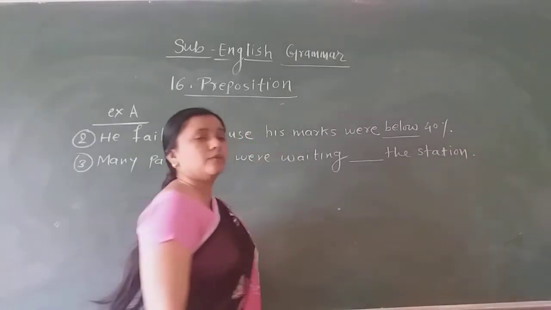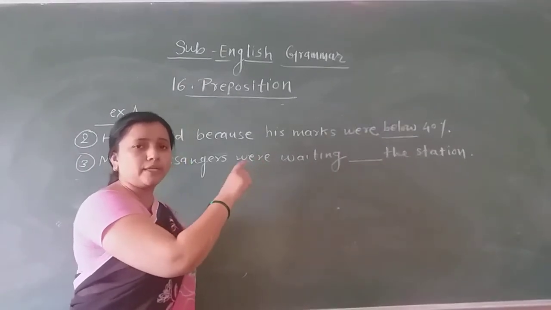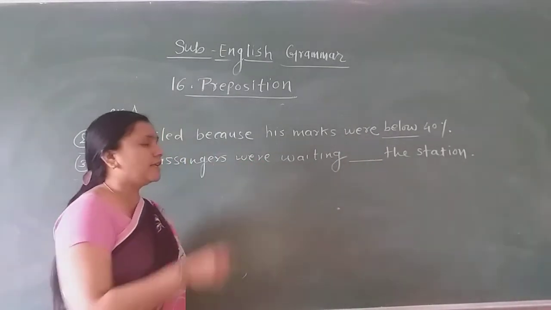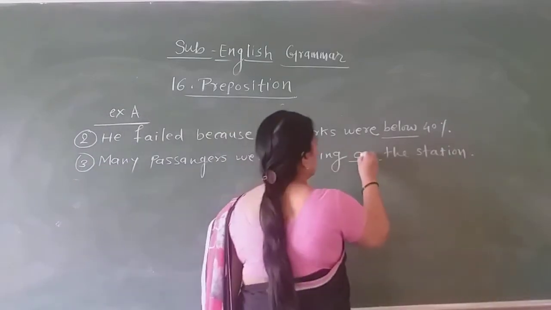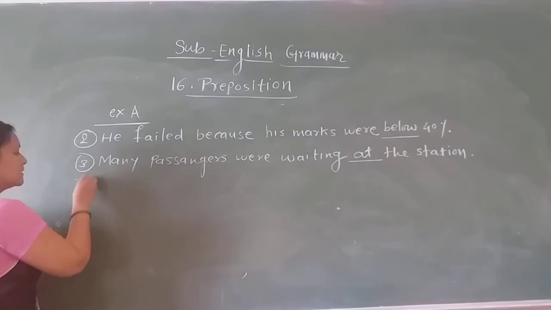Where were they waiting? We are talking about a specific point. हम एक specific point को note कर रहे हैं, so that's why the preposition at will be used. Next, fourth one.